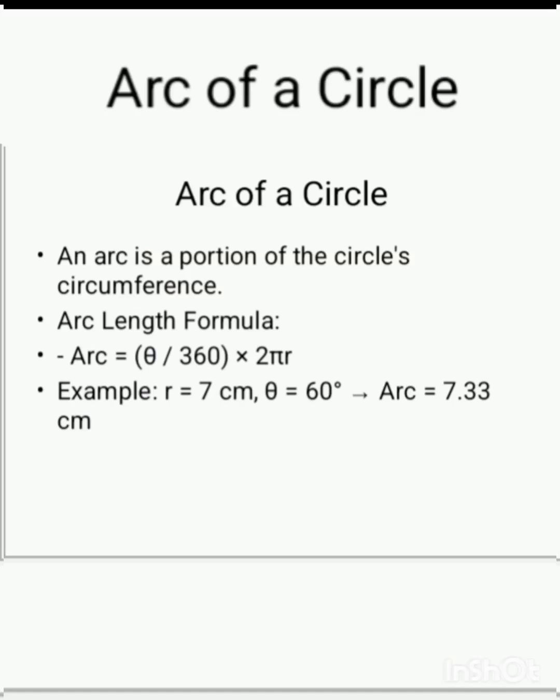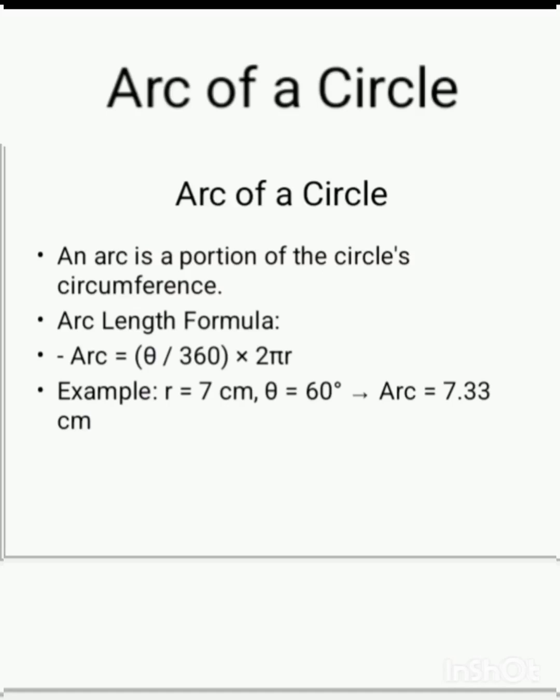That is a portion in a circle multiplied by the perimeter of a circle. Theta over 360 times 2 pi r, where theta is the central angle and is measured in degrees, and r is still the radius.